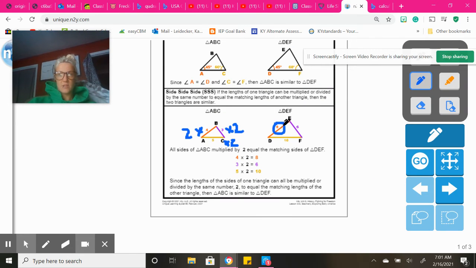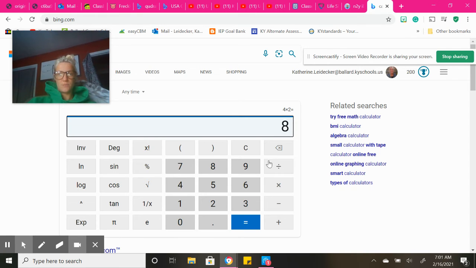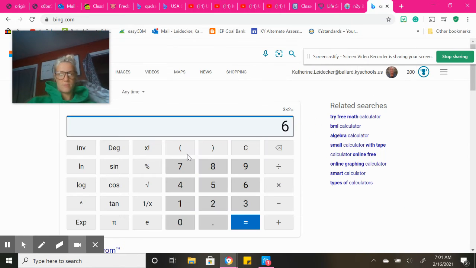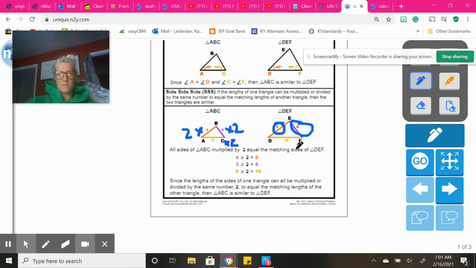So yes, here's your 8. Then we have 3 times 2 equals 6. Here's this answer. Then we have 5 times 2 equals 10. Yes. Okay, so that would be your side, side, side.